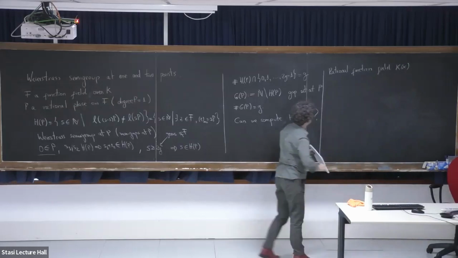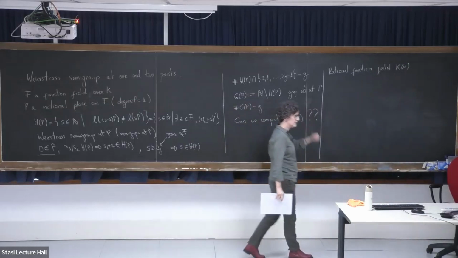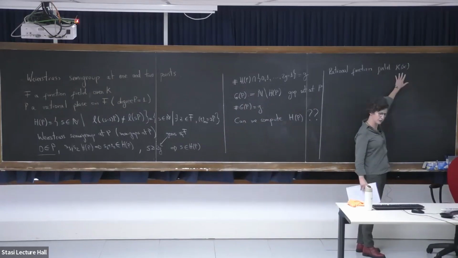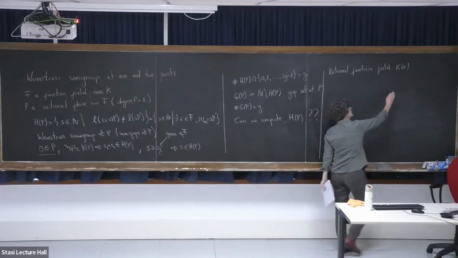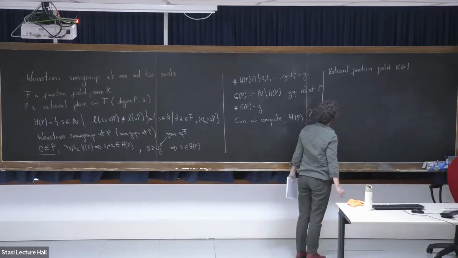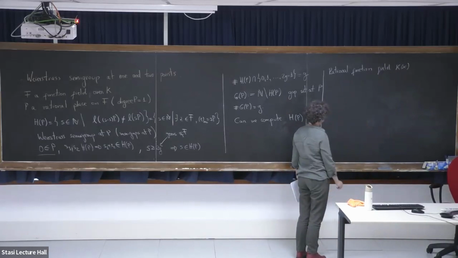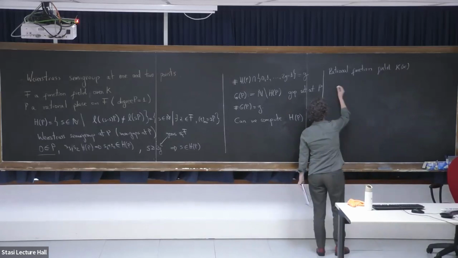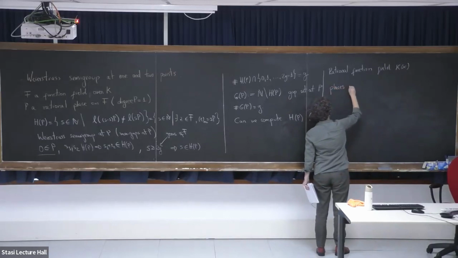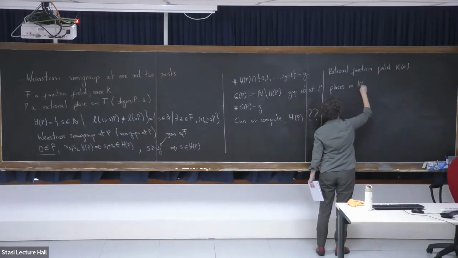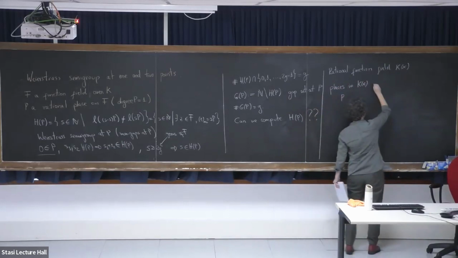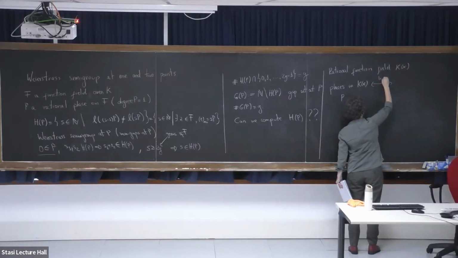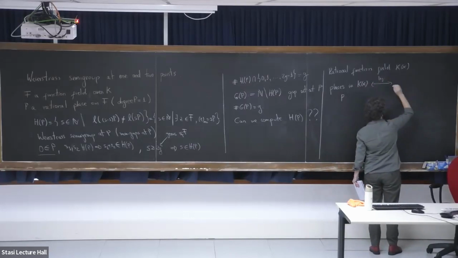These are just fractions, where the denominator and the numerator are polynomials in the variable x. So this is the function field of a line. So who are the places in this function field? We can show that there is a bijection between places here and polynomials.